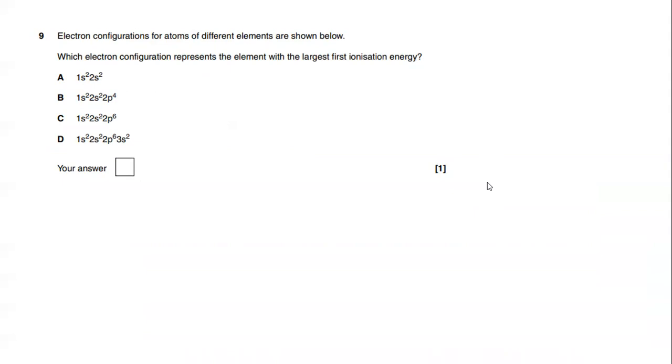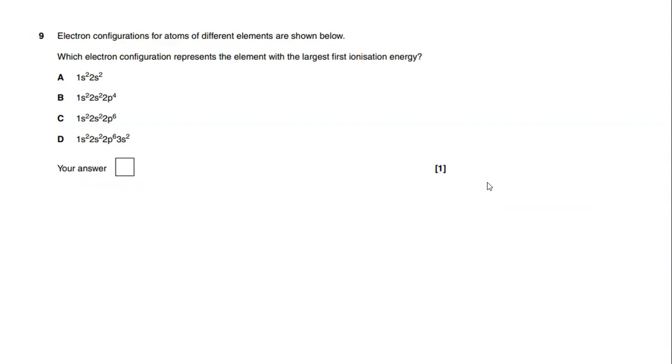The 3 factors that are going to affect the first ionization energy are the nuclear charge, the atomic radius, and the electron shielding. So straight away, we see that for D, there is a lot more electron shielding than for A, B, and C. The outer shell is further away, there is an extra shell in between, so it cannot be D. This electron is going to be pretty easy to remove compared to the others.